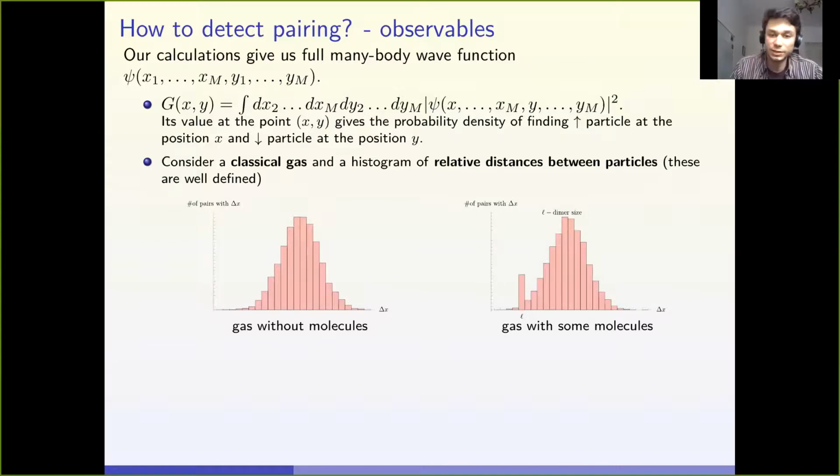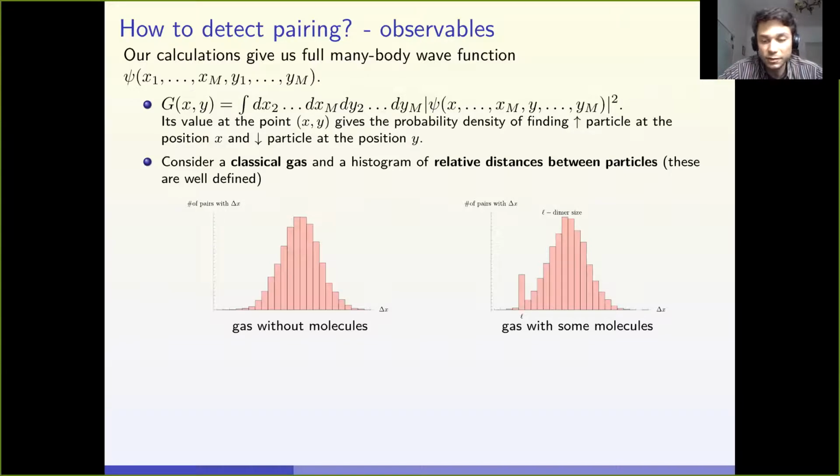What you expect from such a histogram is a local maximum near that point. This is a sign of molecules. That's the difference between the two cases, with molecules and without molecules, in the case of a classical gas.